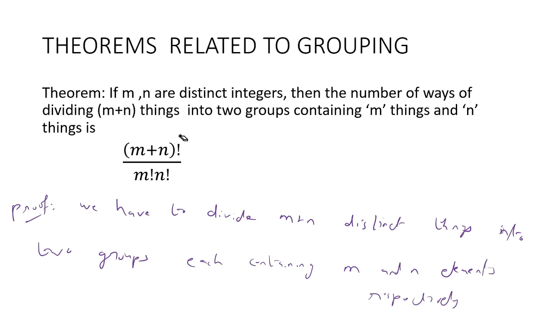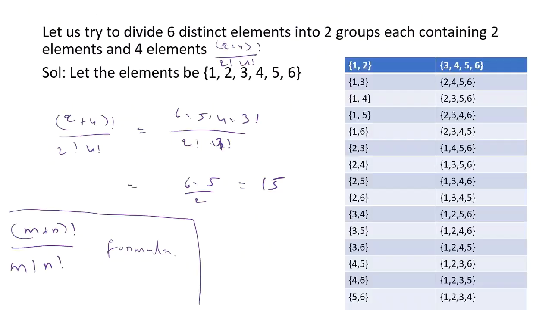What happens if m is equal to n? If m is equal to n, then what we will have is 2n factorial upon n factorial times n factorial. But that is not going to be true. So we can see it here.